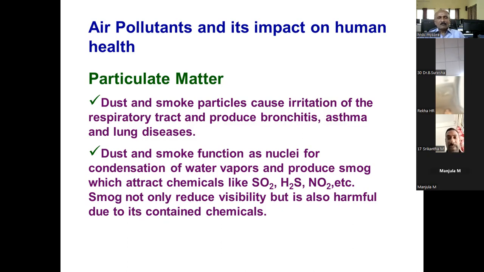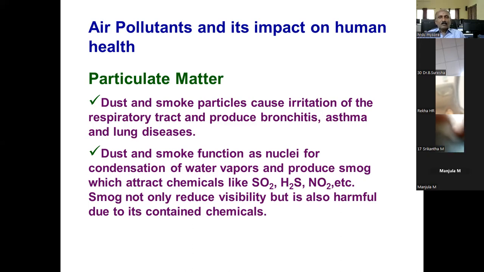There are certain chemicals. So, when these chemicals are present in the smoke, and when this smoke reacts with water vapors present in the atmosphere, we know that in our atmosphere we have water vapors.